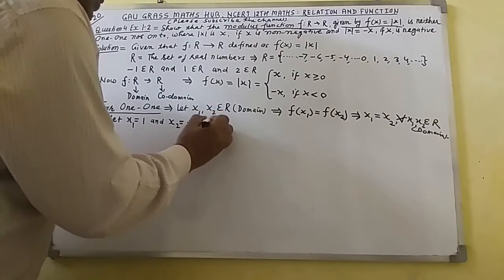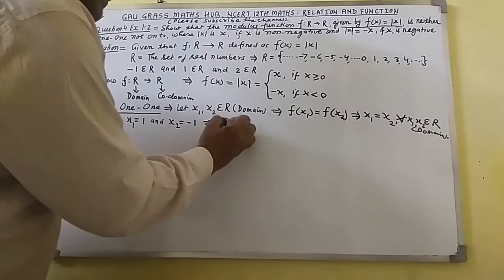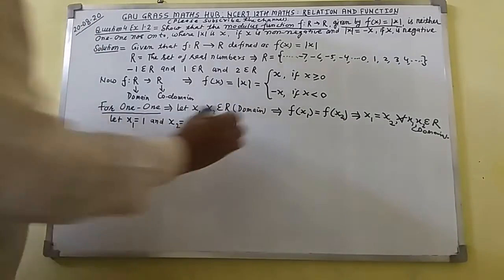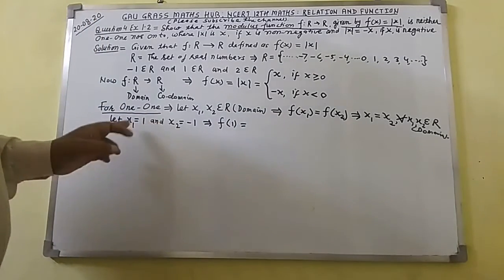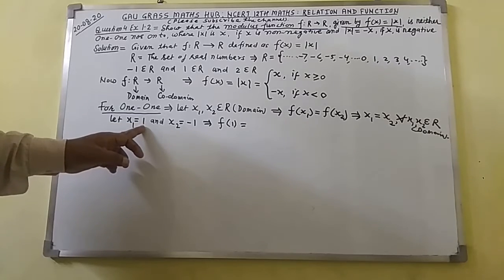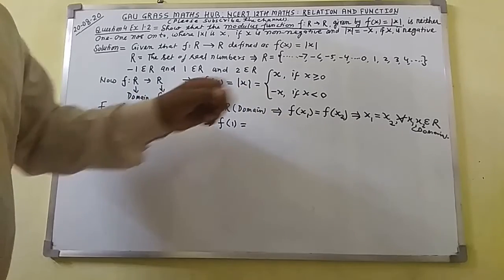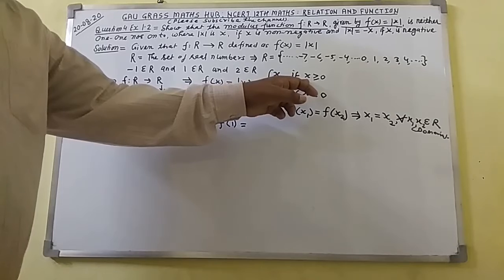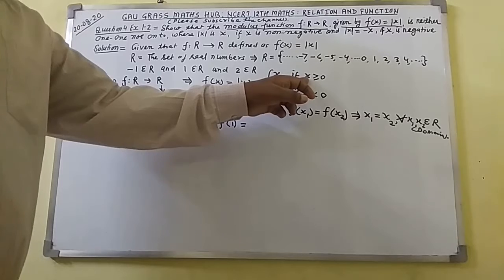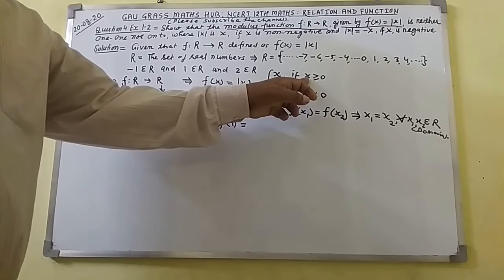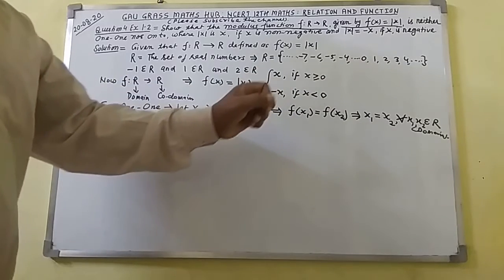if you write image of 1 equal to, now here you can see the value of x I have taken 1. So for mod x, if the value of x1 equal to 1, I will take this statement, because if I put x1 in place of x, x1 will be greater than 0.